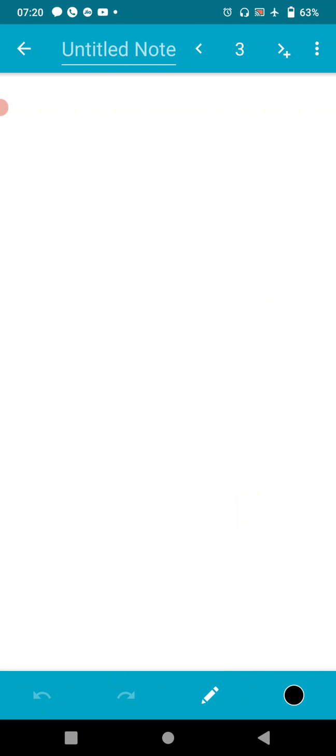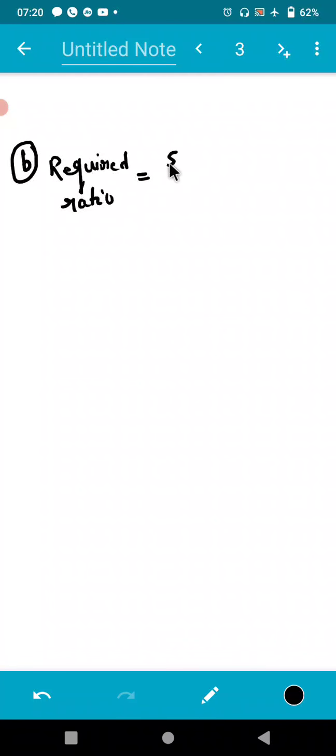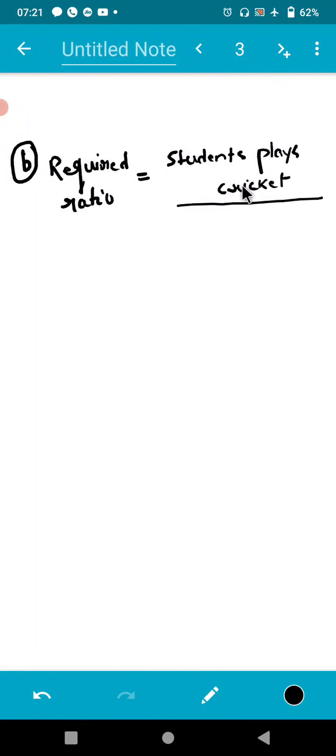In part B, we have to find the ratio of the number of students who play cricket to the number of students who play basketball. So for part B, the required ratio would be equal to students who play cricket by students who play basketball.